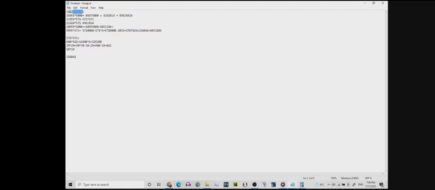Then we say this equation equals this number. I have no idea if that's correct. Not a clue.